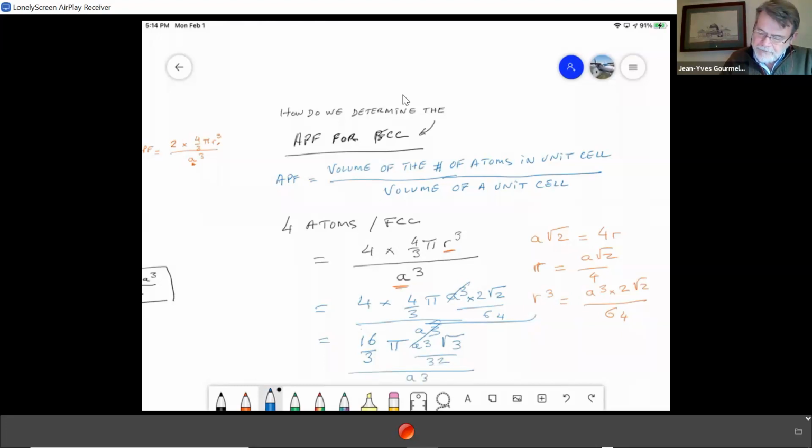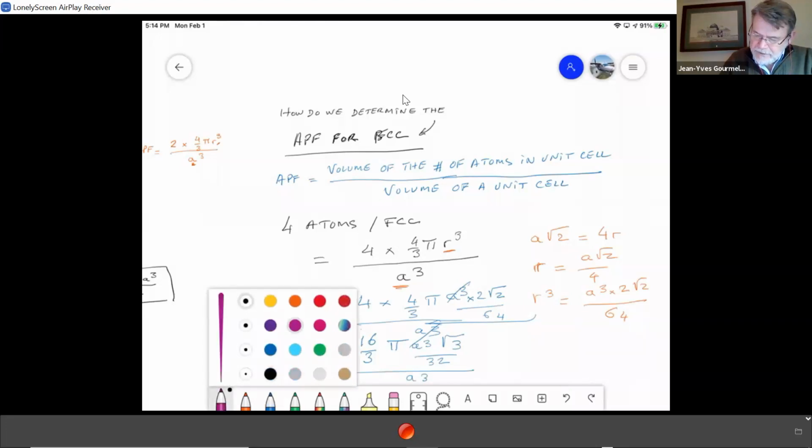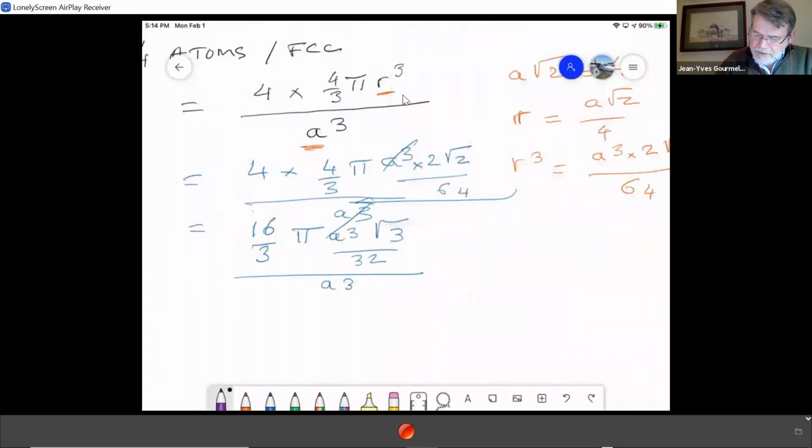We're changing color to make it a bit more clear, hopefully. So that's what we did earlier, but the a cubes cancel out. I got 16 here, 32, it makes 2. Eventually you find pi root 2 divided by 6.